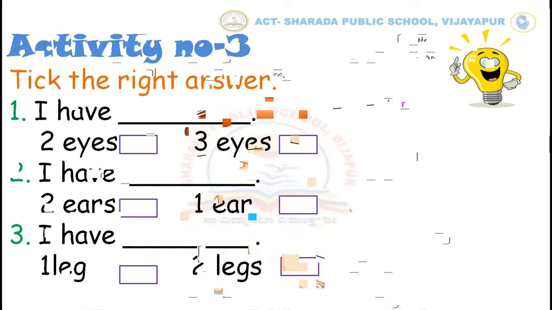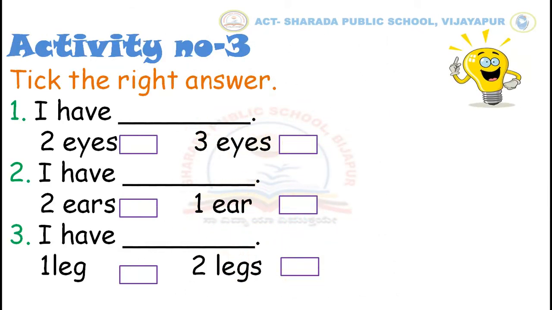Let us move to activity number 3. Tick the right answer. Here, you have to tick the correct answer and write it in the blank given in the sentence. One has been done for you. Number 1. I have dash.